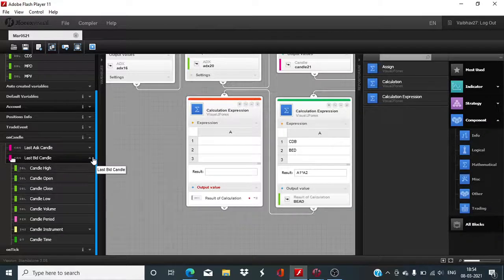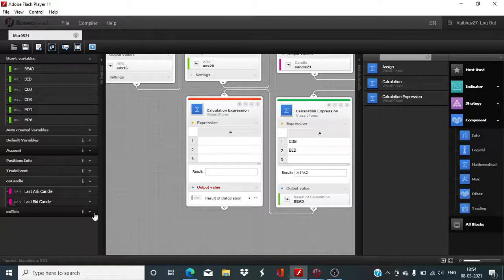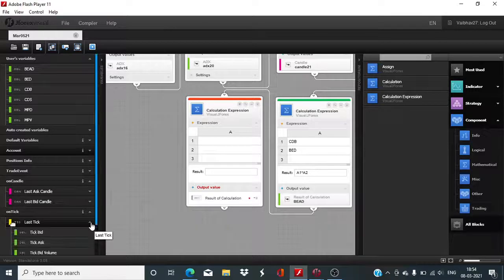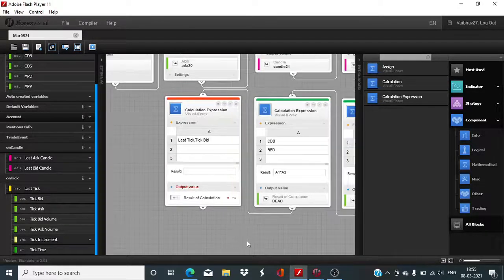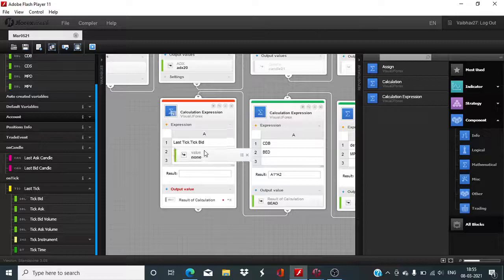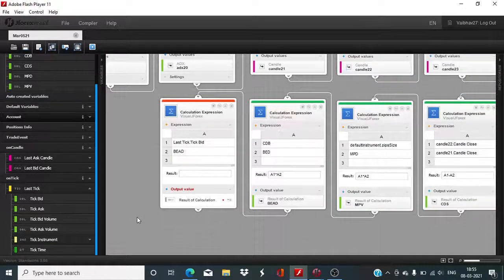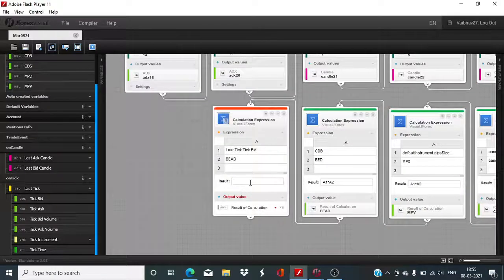So rather than that, we will take on tick price. Okay, last tick bid, and deduct the 40% of the price difference, and that will be the limit order price.